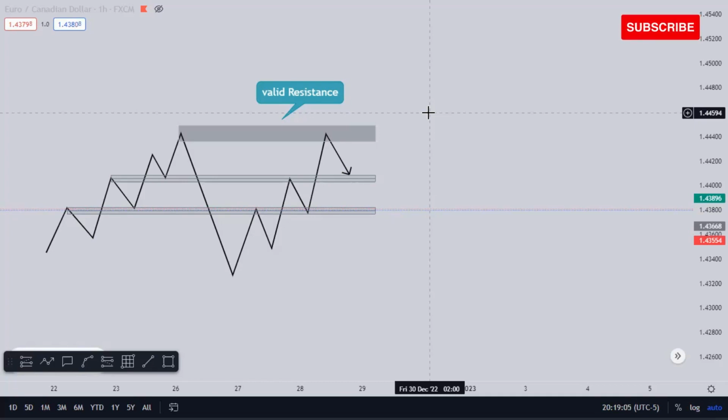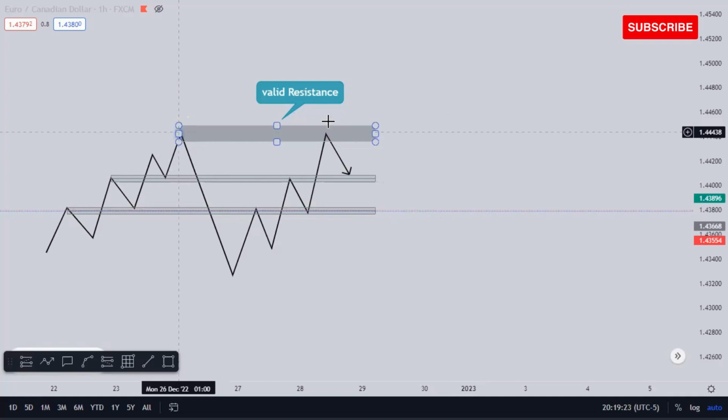So how do you confirm? How do you identify valid key levels? Now we're going to cover that. To confirm a valid key level when trading support and resistance, you have to be sure that your key level does not have liquidity above it.